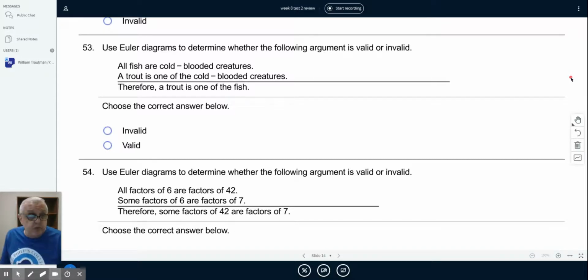I really recommend if you have this section in the homework, if you did not read this in the book, I would recommend reading this in the book. If I have time Friday, I'll try to. I don't think I'll have time to do a section on Euler, but Euler is really confusing. So read this section in the book. It talks about how to write these circles and everything.